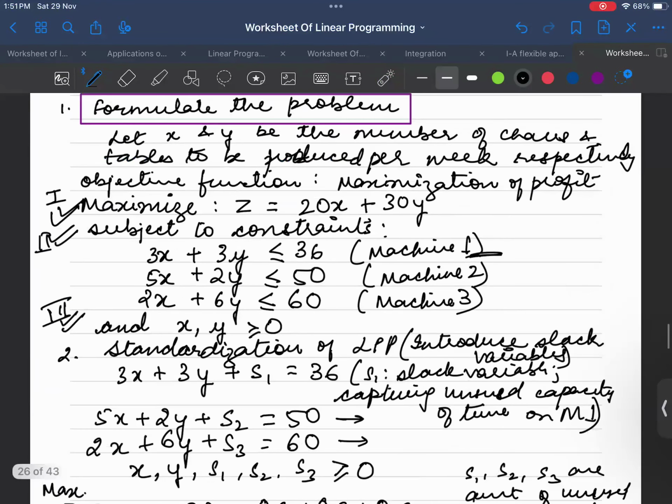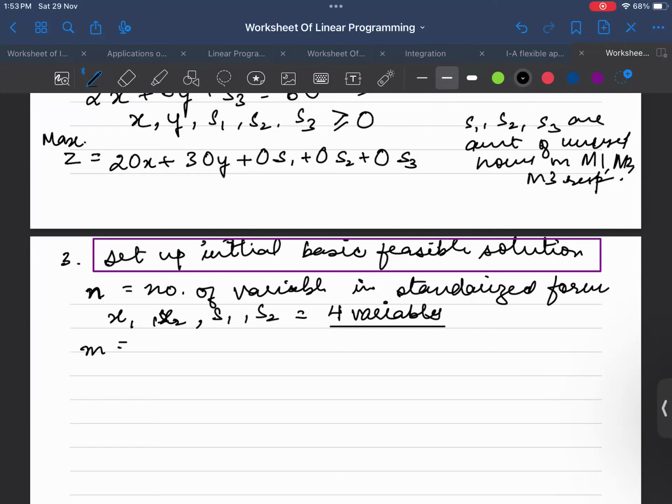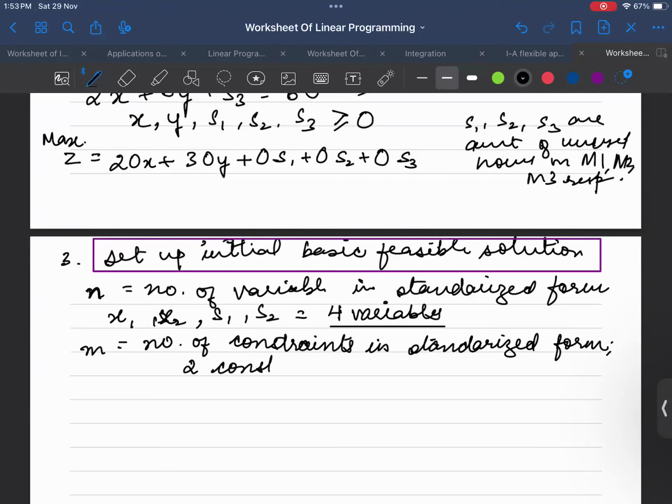Then we have to see m, which is the number of constraints in the standardized form. Again, we will consider only the standardized form. How many constraints do we have?